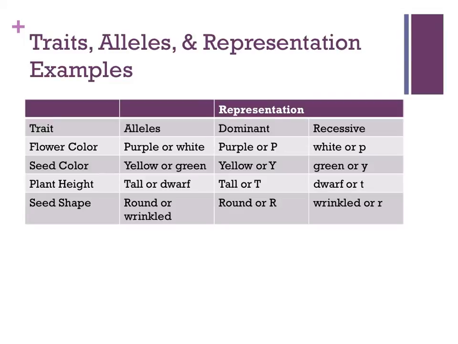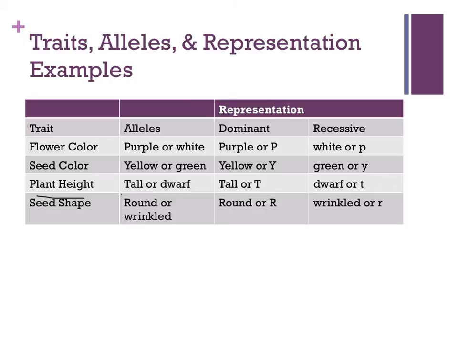So here are some examples of the trait, the allele, and how we would represent it, whether it's dominant or recessive in plants. So let's take a look at one that we haven't looked at so far. Plant height, that is the trait. Height is a broad category.